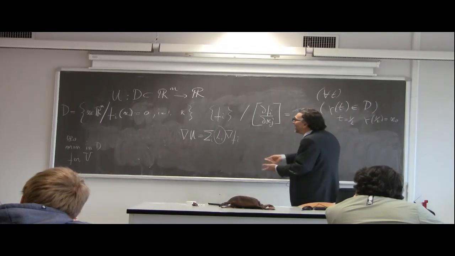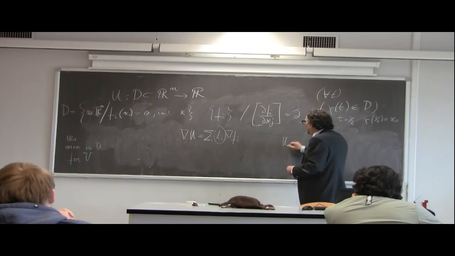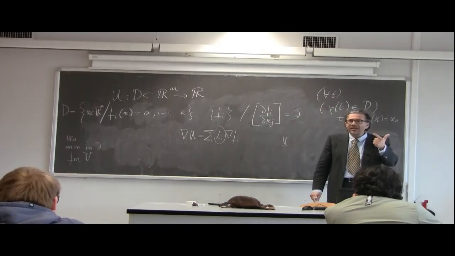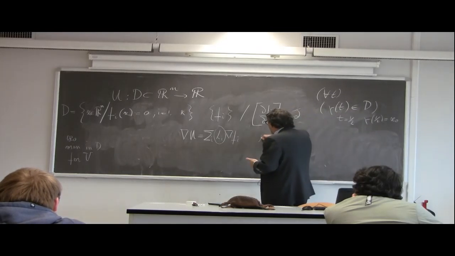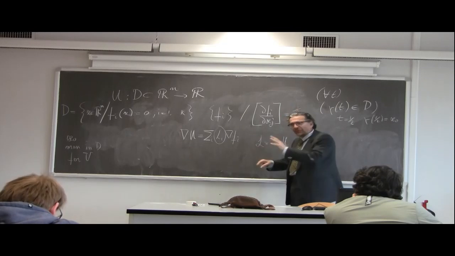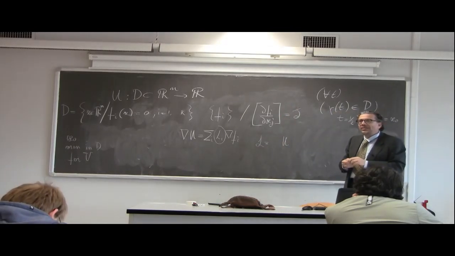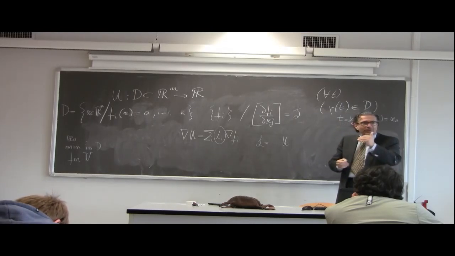Good. Now Lagrange remarks the following. Given U and given the Fi's, I can write a Lagrangian L. Now this is a different Lagrangian, it's not the Lagrangian which we have discussed in the minimization of action.